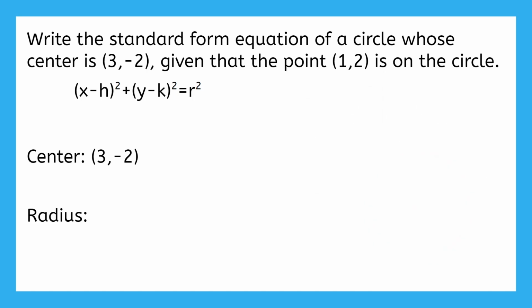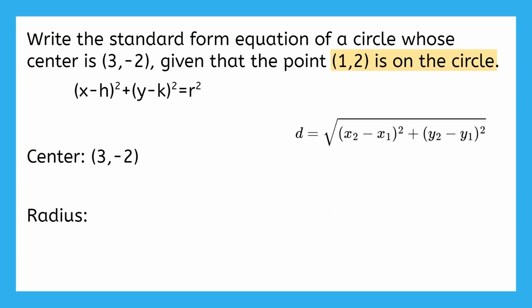I do know the exact coordinates of one point on the circle, though, 1, 2. So I can use the distance formula to find the distance between the center and this point on the circle, 1, 2. If you were stuck figuring out the radius before, pause the video now and use the distance formula to find it on your own.